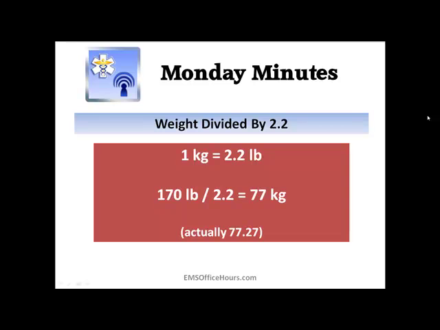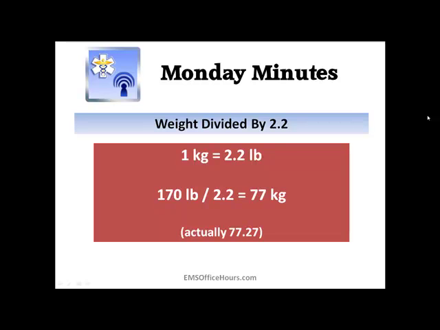Okay, so the one formula that is common and that you see used a lot is dividing the patient's weight in pounds by 2.2. So 1 kilogram is 2.2 pounds, right? So a 170-pound patient divided by 2.2 is going to equal 77 kilograms.